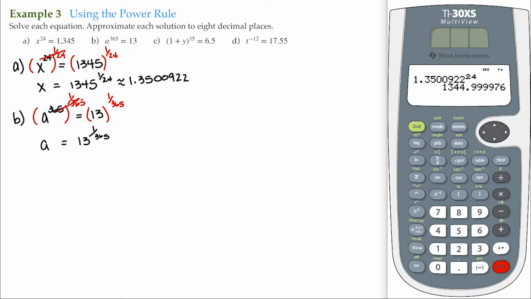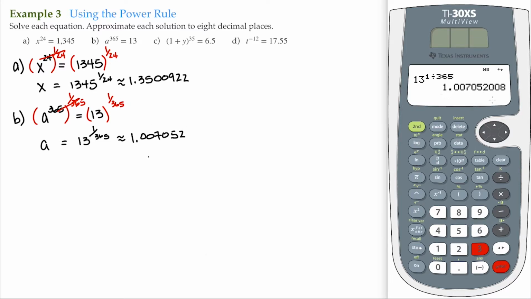Then I'm going to go over to my calculator and take 13, use my caret key to the 1 over 365th power. And that's approximately 1.007052.